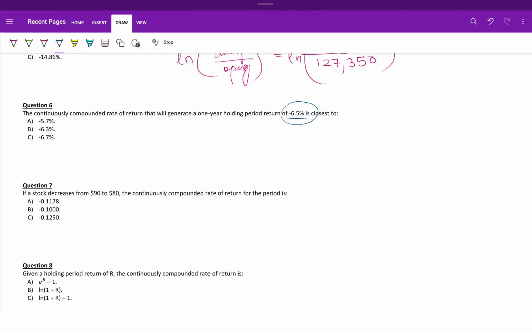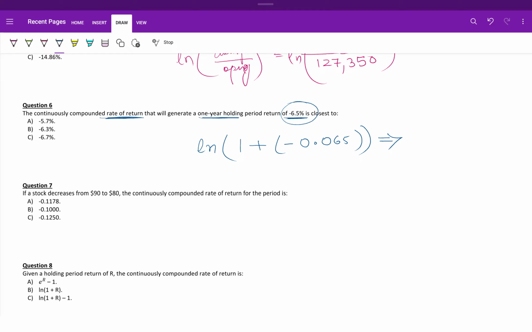So the question here is about the continuously compounded rate of return that will generate a 1 year holding period return of minus 0.065. Here the formula is simply the log of 1 plus minus 0.065. And when you solve this, this will give you the answer.